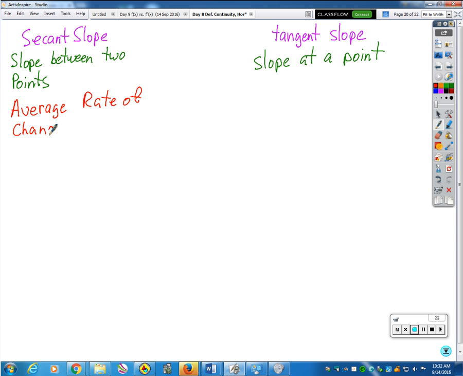And I get a little tired of writing average rate of change, so I came up with an abbreviation. This is just my invention. Somebody else probably does the same thing, but this just makes taking notes a little easier. On the AP test, I've never seen this used. They'll spell it out in words. But for taking notes, this is okay. Questions?